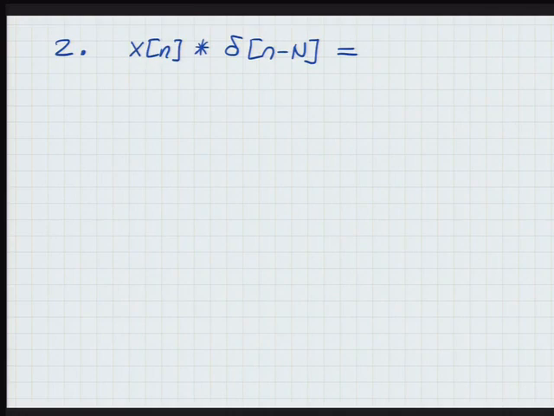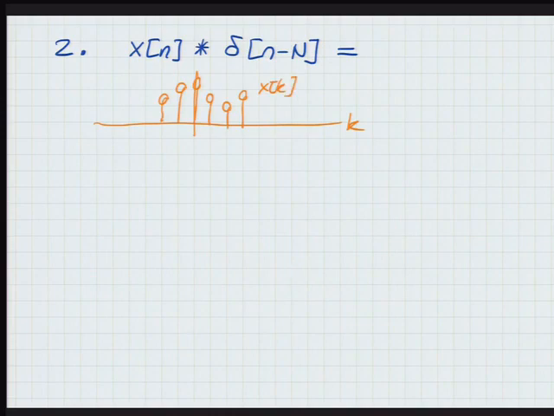Again, the picture would be very similar to before. I will have the signal x of k as a function of k, whatever it looks like, right? X of k, right? And then the other signal is an impulse centered at capital N.